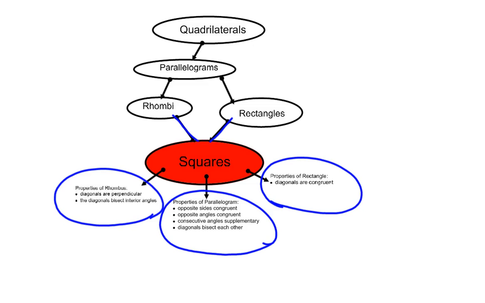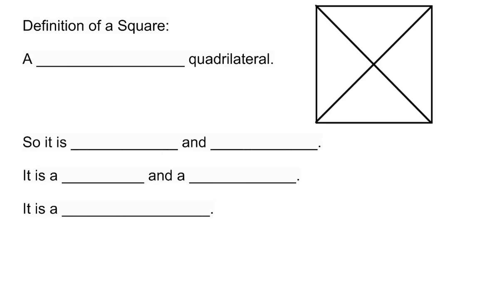So let's go back and recall the definition of a square, and then look at how we can use this to find specific things inside of a square. So the definition of a square, it is a regular quadrilateral. Well, remember what a regular quadrilateral means.